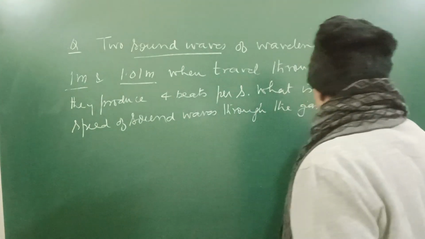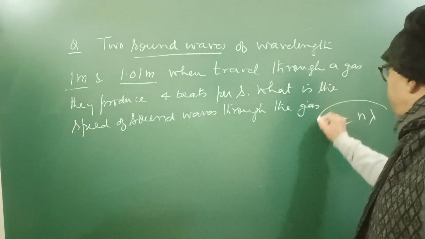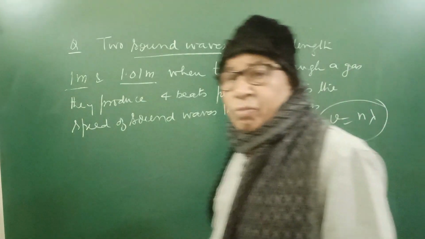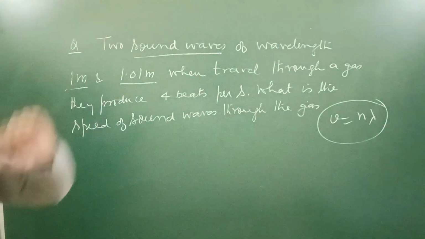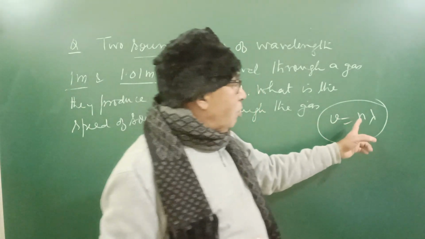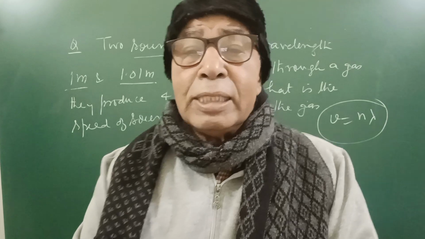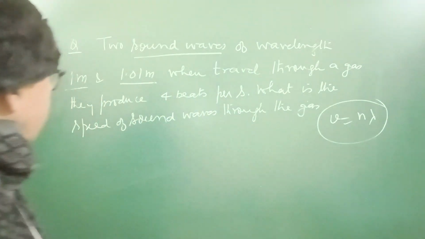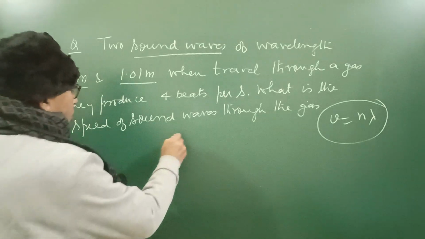The problem is that v = fλ is there. Actually, this equation confuses. Yes, this is a relation. But the speed of a sound wave is not a characteristic of frequency or wavelength. The speed of the wave is a characteristic property of the medium. Then how to find it here? Well, let the speed of the wave be v.